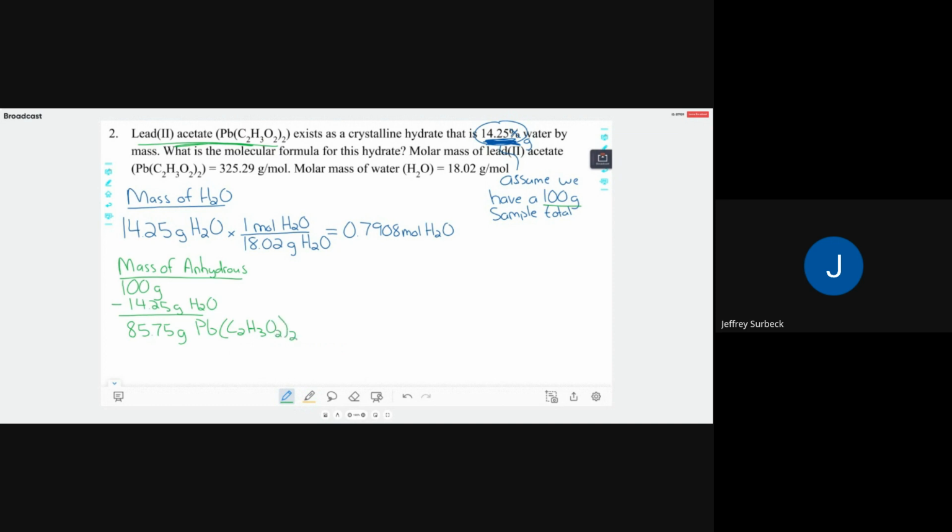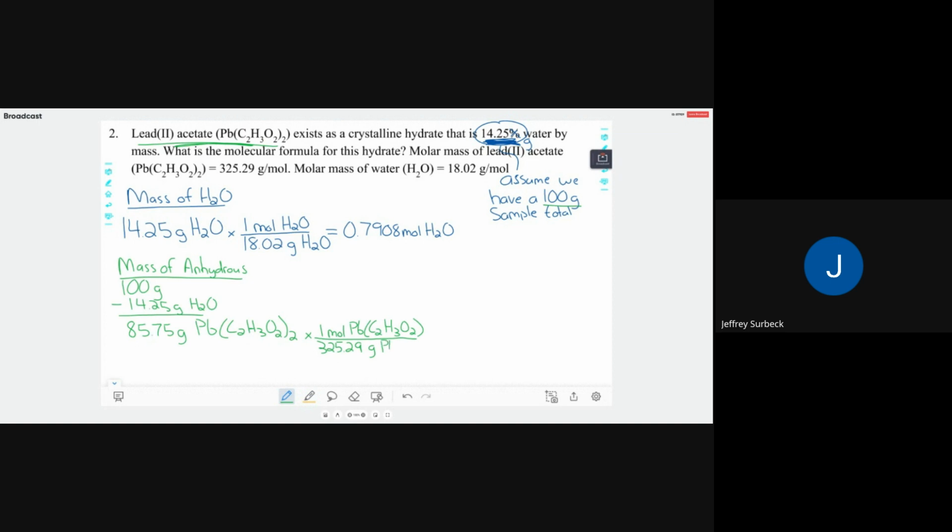We then say, times, we draw our line, and divide by the molar mass of lead 2 acetate, which is 325.29 grams to 1 mole of our lead 2 acetate. I'll take the time to write the formula down correctly, and we will then calculate.